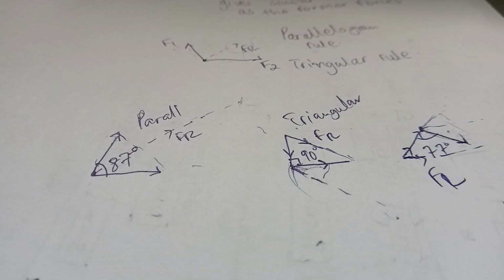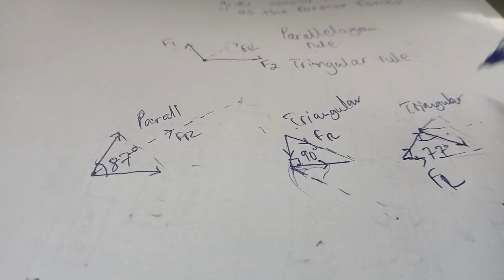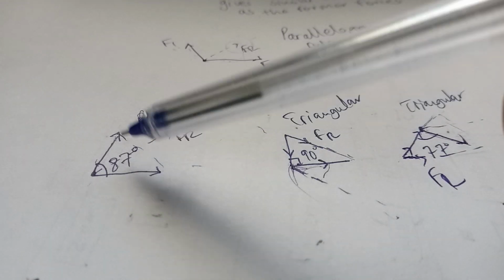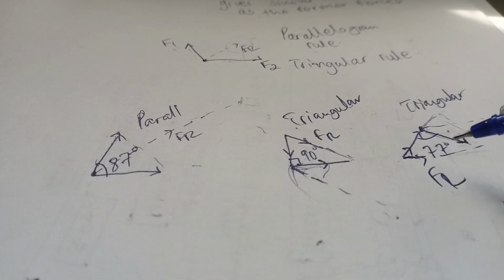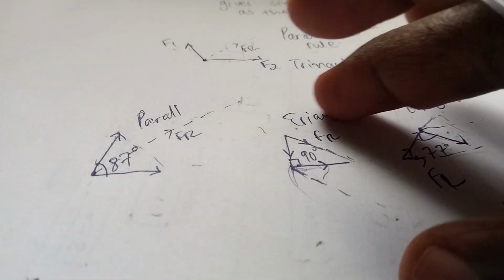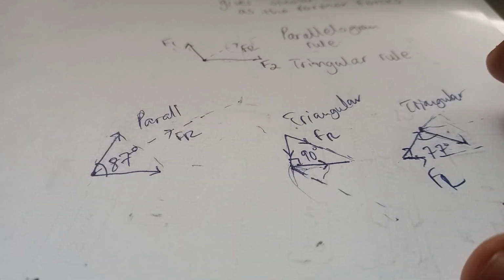Yeah, very simple. But if you are a pro at these things, you can realize that here you can also use the triangular rule, or the parallelogram rule, but let us not confuse that one. Let's just go with simple analysis like those ones. Parallelogram rule, triangular rule, very simple.